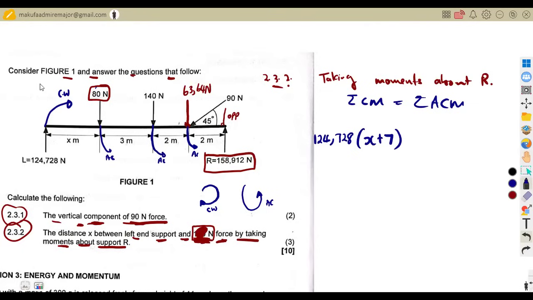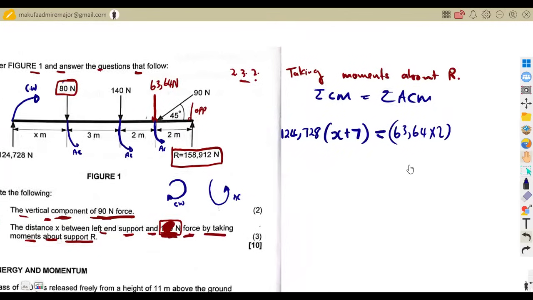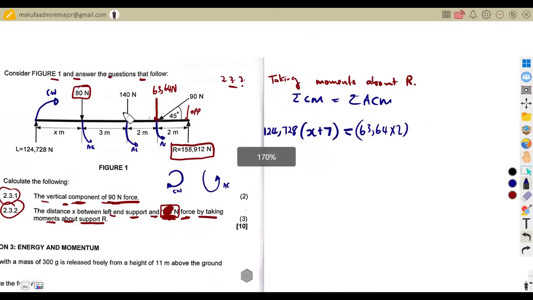We do not have anything else in the clockwise. That was the only clockwise moment, so the rest are in the anti-clockwise. We've got 63.64 back to this R, a distance of 2 meters, so we multiply 63.64 times 2. Next, following that, the 140 Newton back to R, so plus 140 times the distance back, which is 2 plus 2, that is 4.